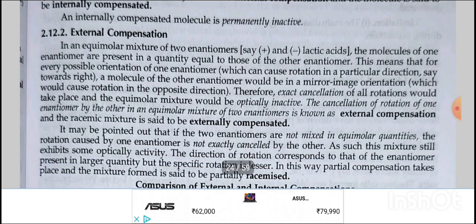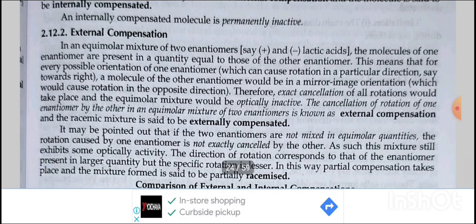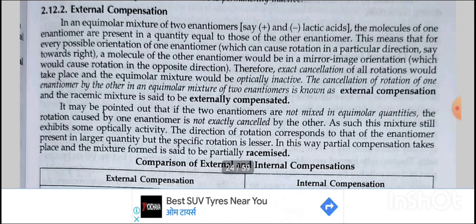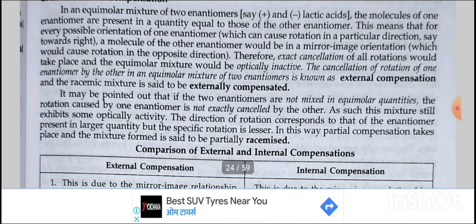External compensation. In an equimolar mixture of two enantiomers, say plus and minus lactic acids, the molecules of one enantiomer are present in a quantity equal to those of the other enantiomer. This means that for every possible orientation of one enantiomer which can cause rotation in a particular direction, say towards the right, a molecule of the other enantiomer would be in mirror image orientation, which would cause rotation in the opposite direction.